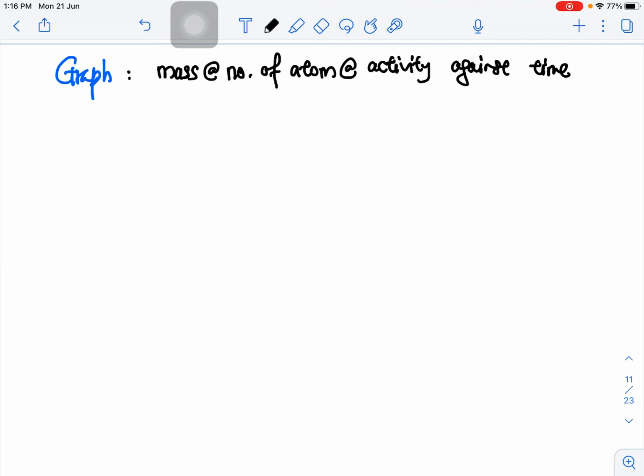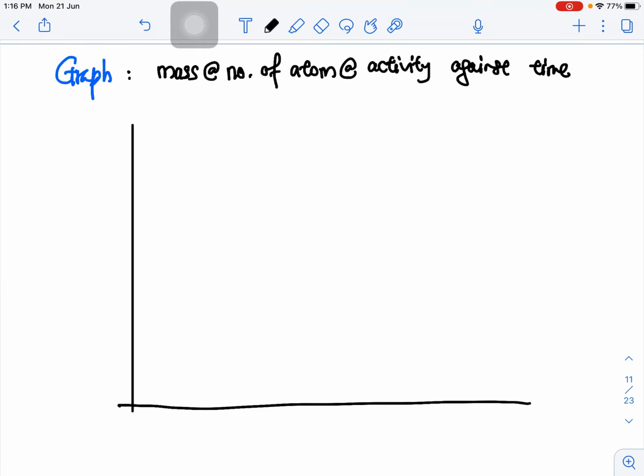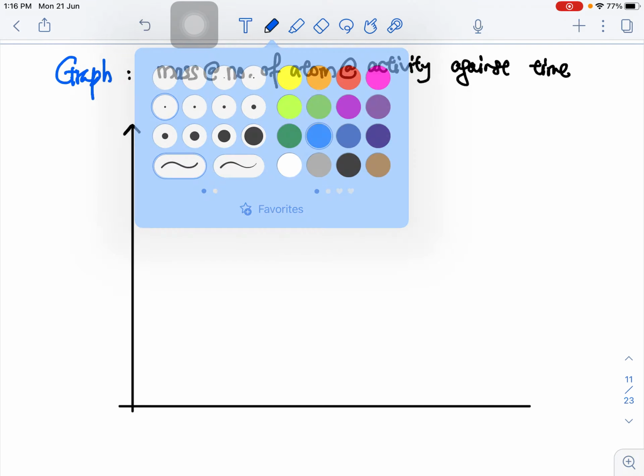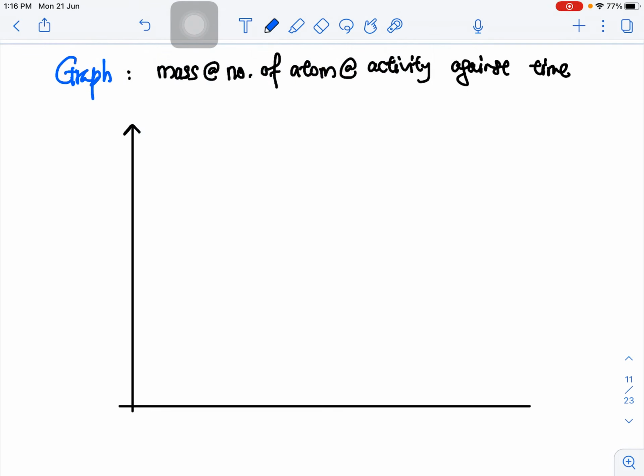So when we plot a graph, we have two axes, a vertical axis and a horizontal axis. The vertical axis can be mass, number of atoms, or activity.